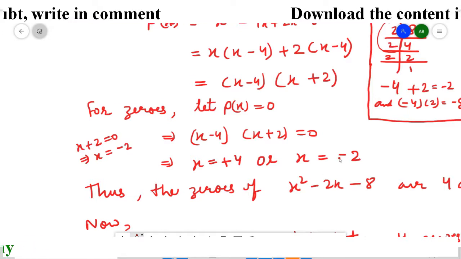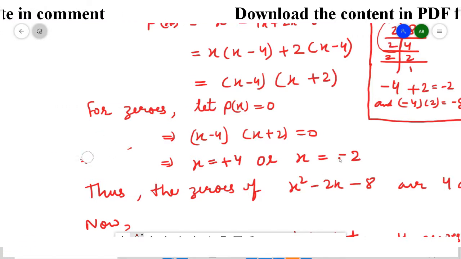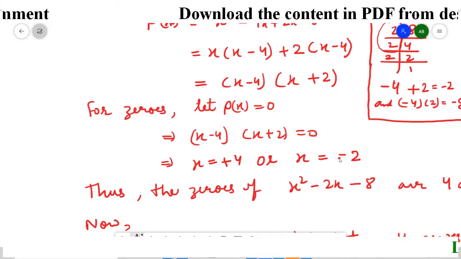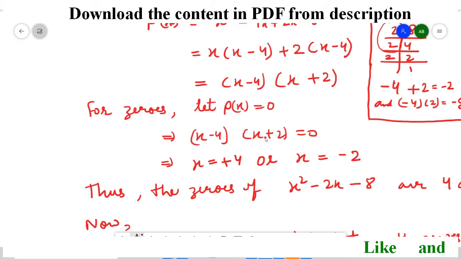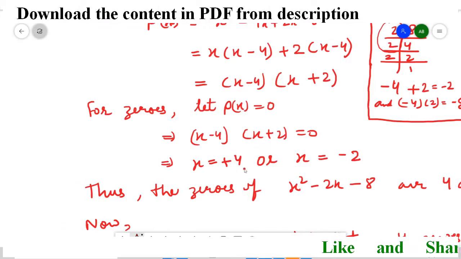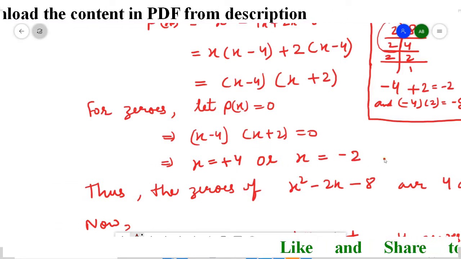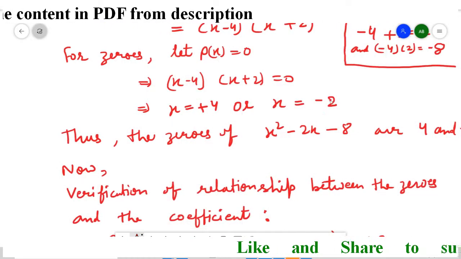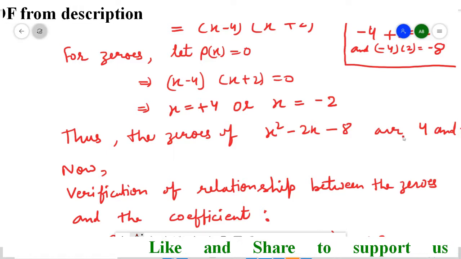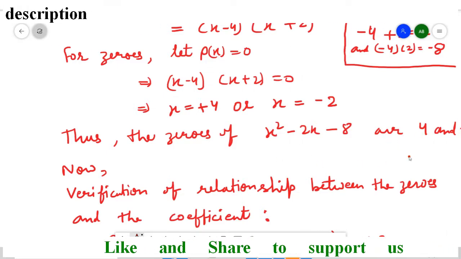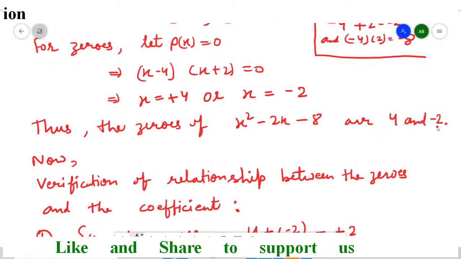I hope it's clear to you how we obtain these answers. One by one we have to keep the brackets equal to 0 in your rough column, and from there find the values of x. These values are named the zeros. Thus the zeros of the quadratic polynomial are 4 and -2.